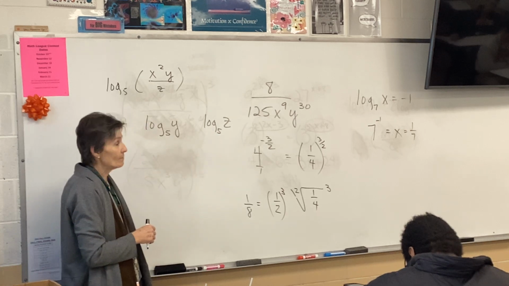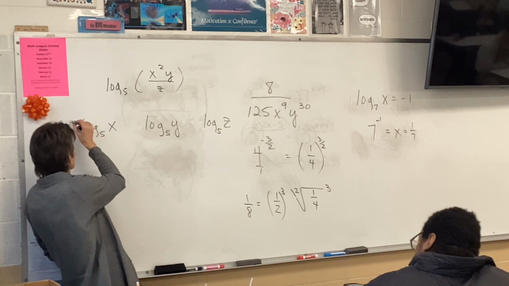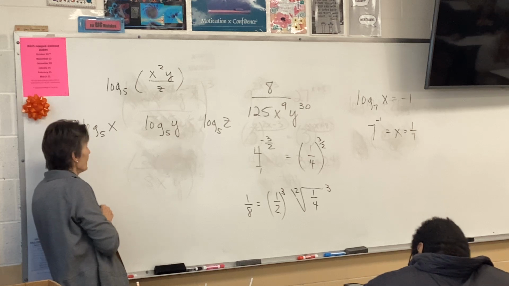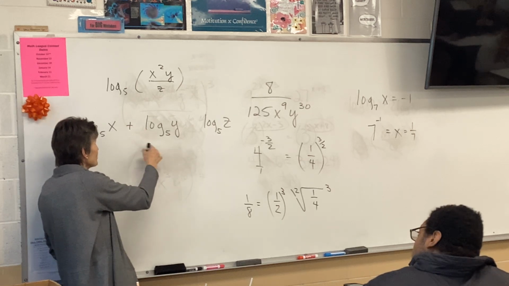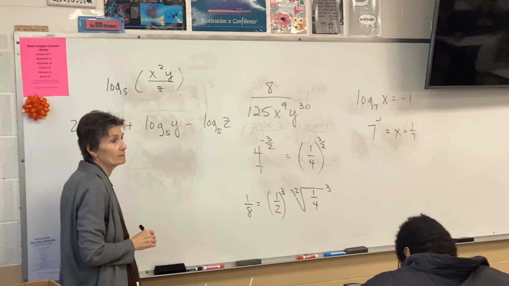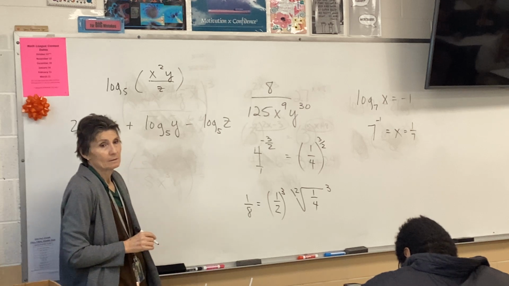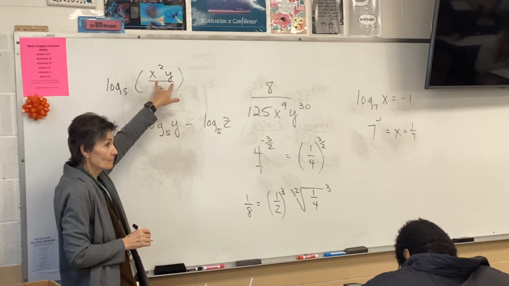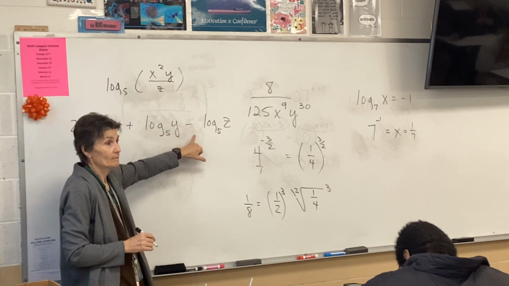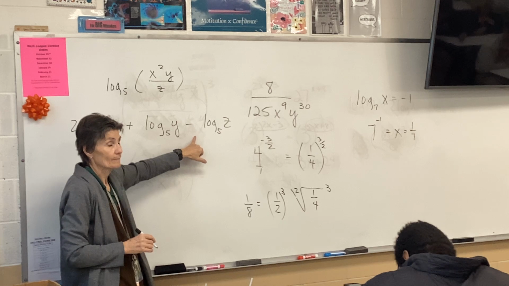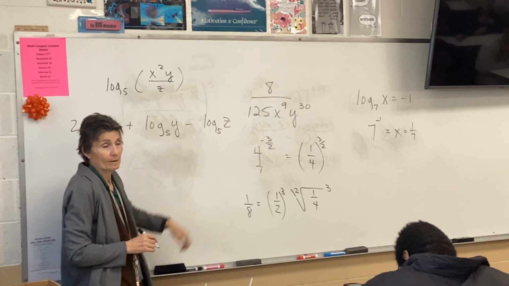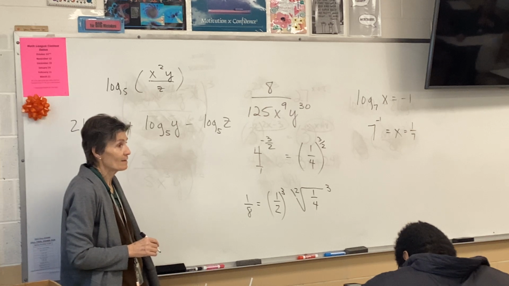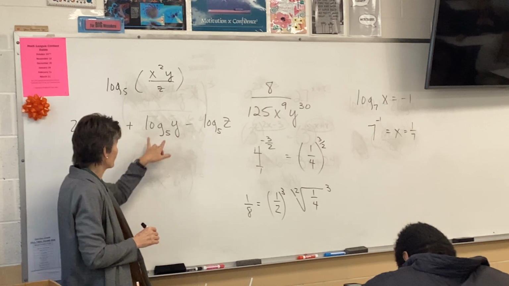All right? And then he said there should be a 2 out in front of that one. Would you agree with that? And then he said I'm going to add these 2 and subtract that one, because these were multiplied and that one is divided. Everybody good? Again, the 5s have nothing to do with anything. They're just part of the problem.